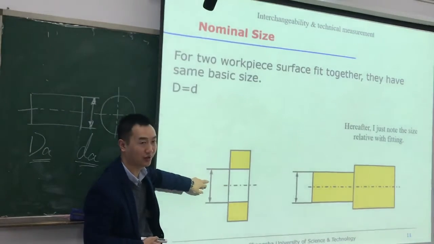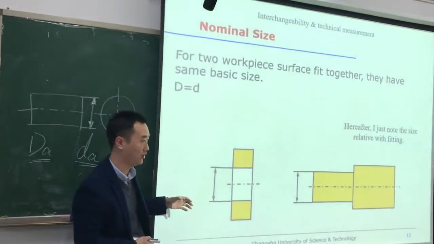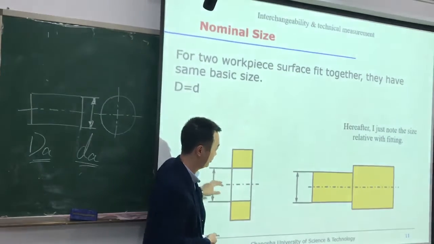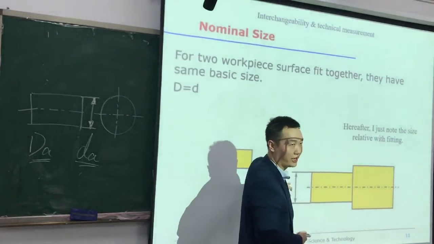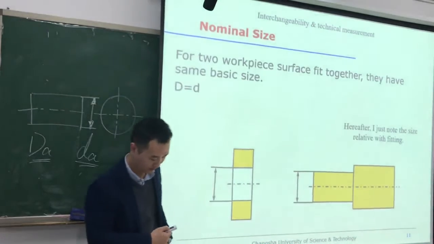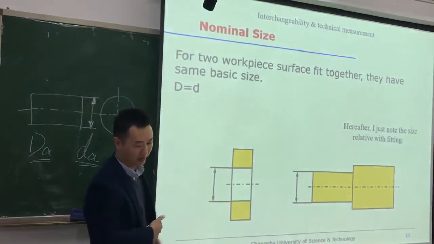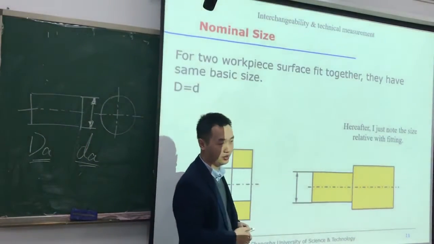It's the capital D, right? Because it's a hole, and a hole is always associated with a capital letter. For this one, if you want to label here, it's lowercase d. That's the nominal size or basic size. It's the ideal size we want to manufacture.